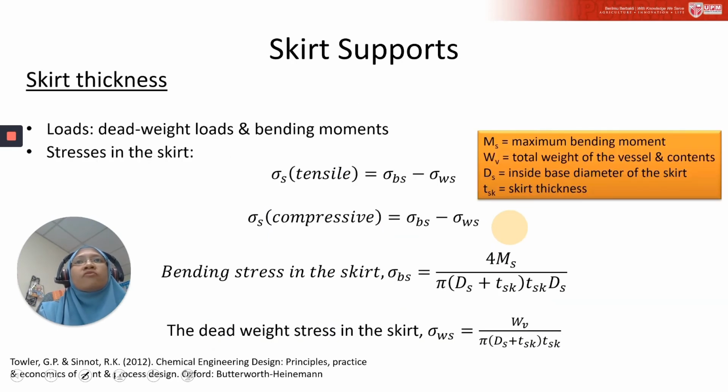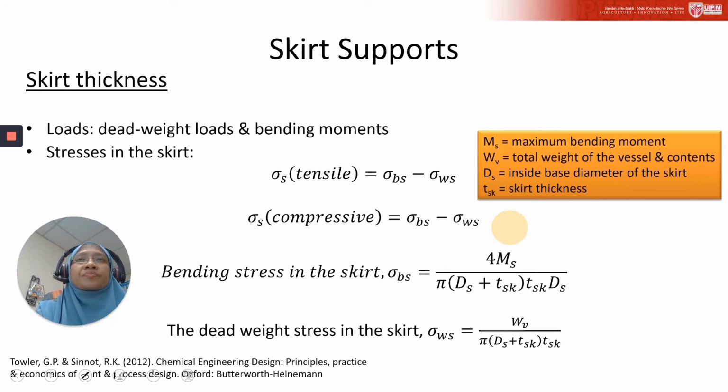Then for the calculation of the skirt thickness, the calculation is to ensure that the skirt thickness is sufficient to withstand the dead weight loads and bending moment imposed on the skirt by the vessel. All right.